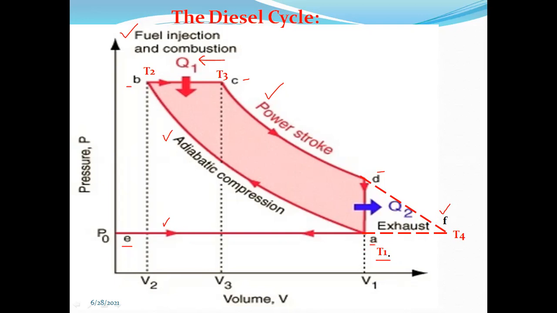So we have denoted T1 over here, then T2 at B, then T3 at C. Of course, you know very well that due to this adiabatic compression, whatever temperature of air is there, that is T1. Due to compression, temperature rises to 1000 degrees Celsius, which is T2. Here I shall write 1K.